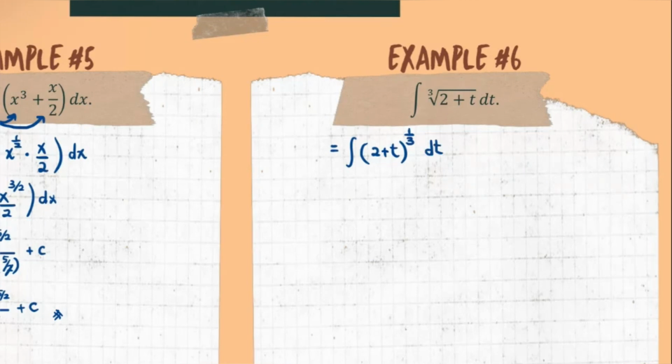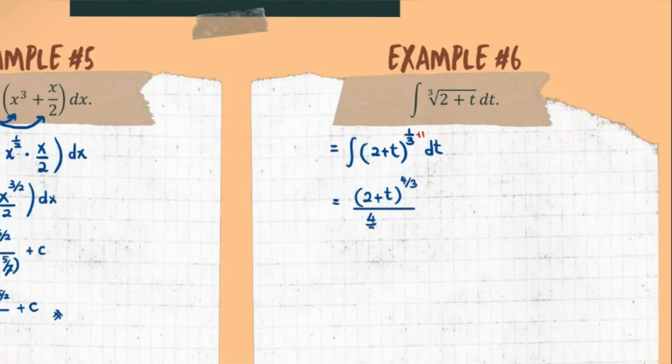Okay, so kat sini variable kita t, so dia suruh integrate with respect to t. Okay, so power akan tambah 1, so dia akan jadi 2 plus t to the power of, ini tadi plus 1, 1 tambah 1/3 dapat apa? 4/3, betul tak?